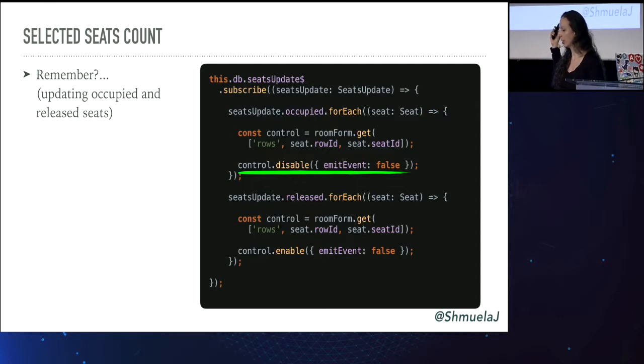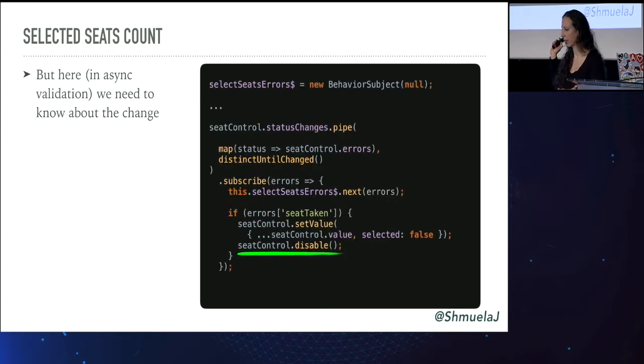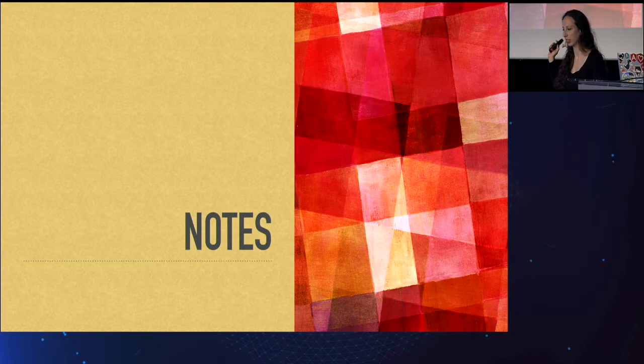This is why we need the emitEvent: false flag, so that it will not emit an event when we disable seats that weren't selected. But when we disable a seat that is selected, we need to emit the event. We do want to count this to count down the selected seats.